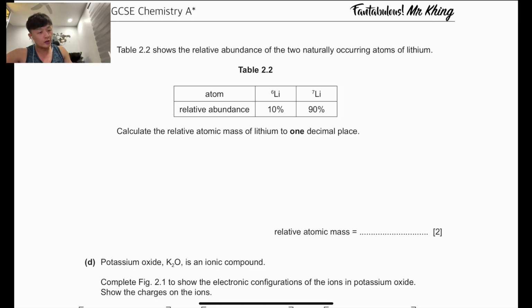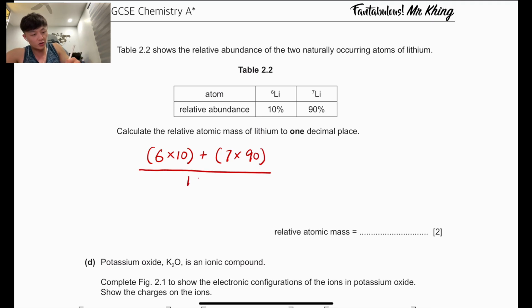So how do we do this? The one with 6, 10%, plus the one with 7, 90%, and the total is 100%, isn't it? So eventually you have to divide by 100 to take the average. So press on the calculator, eventually you will get 6.9. That's it.